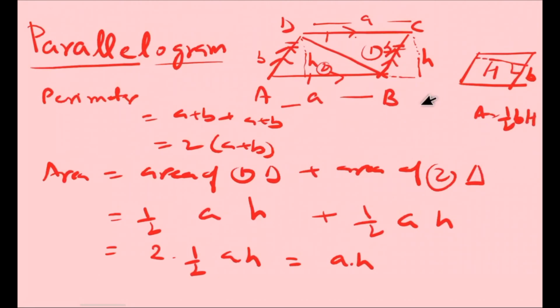So these two areas are equal, whether we find it from here or from here, that's no problem. The formula is length of one side into the distance between these two parallel lines.